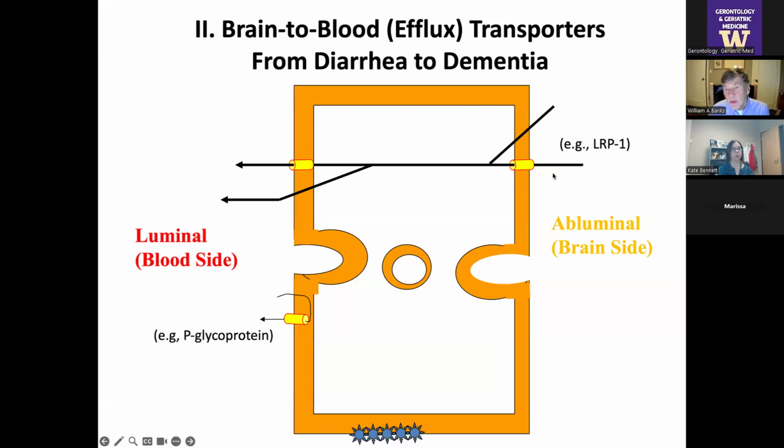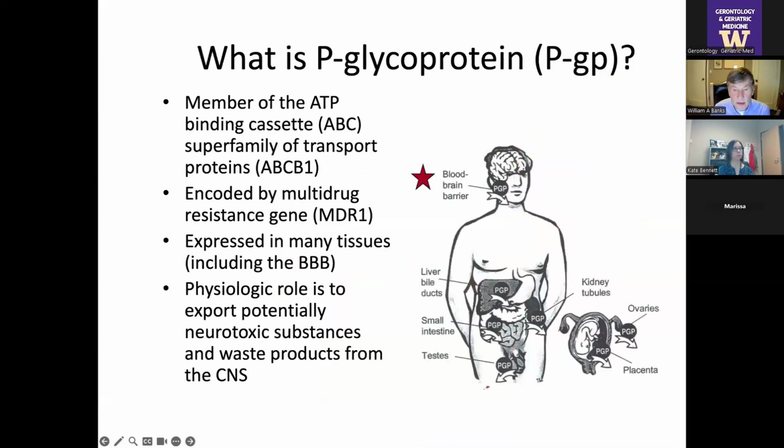Those where the transport system is on the brain side of the cell membrane, and maybe a companion one here. And so they sort of vacuum things out of the brain and across the capillary and into the bloodstream. LRP1 was an example. And then we have P-glycoprotein, which is stationed on the blood side of the membrane. And what it usually does is when xenobiotics try to cross, it grabs them and spits them back out. So they never get a chance to get into the brain.